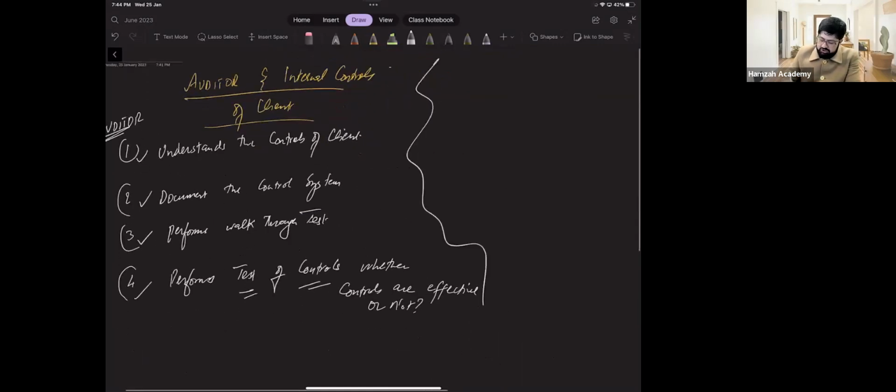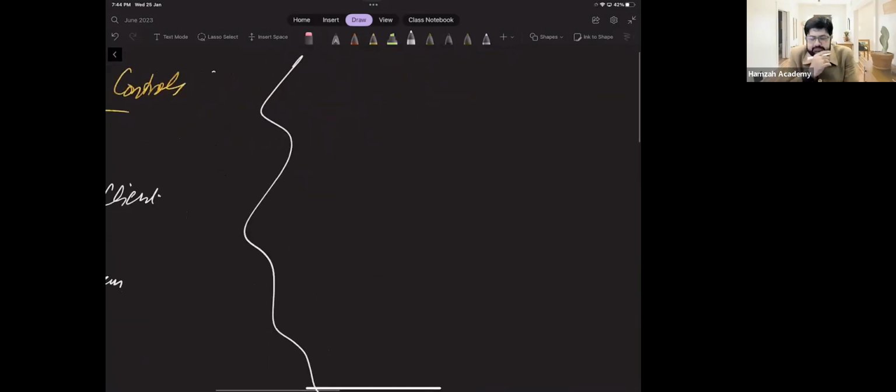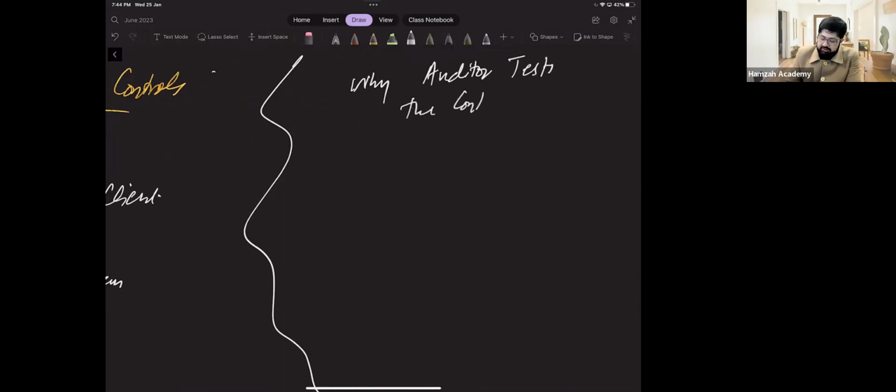Now, my question for you here: why does the auditor test the controls of the client? Why does the auditor test the controls of clients when the auditor has to report on financial statements of the company?